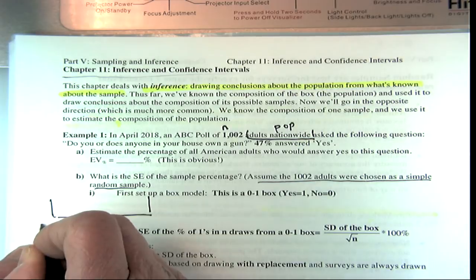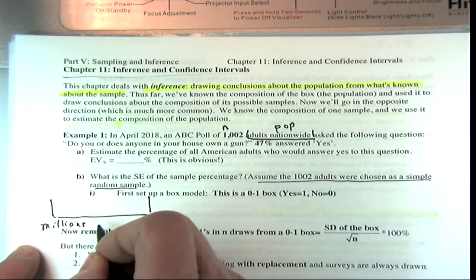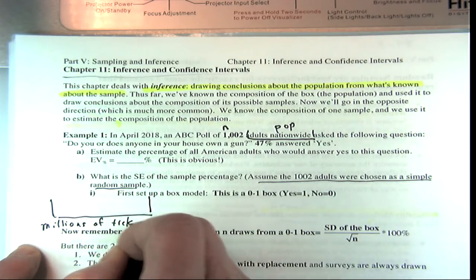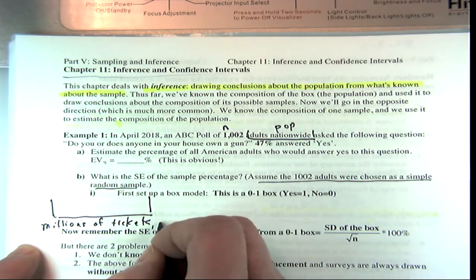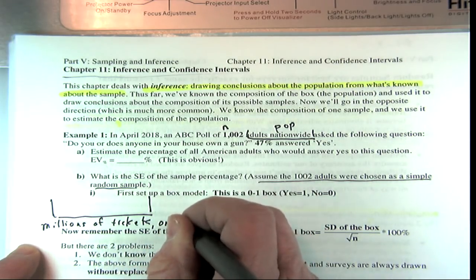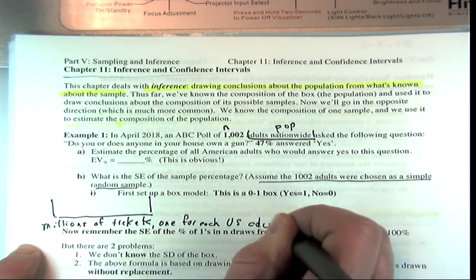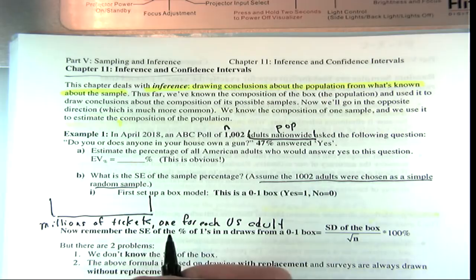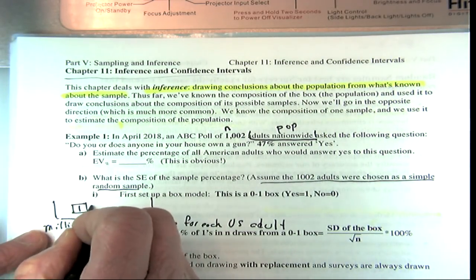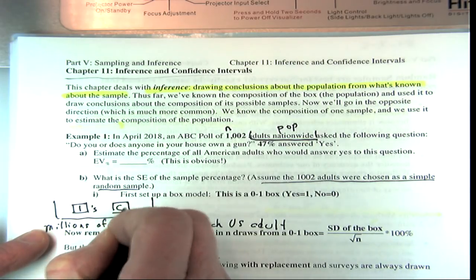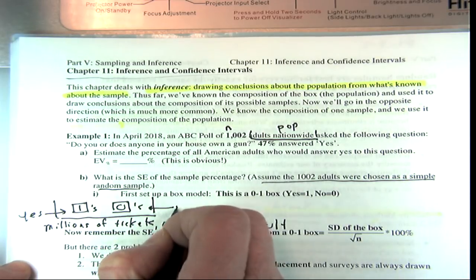There'd be millions of tickets in here, one for every U.S. adult. Now, it's a yes/no question, right? So we're going to represent the yeses as ones and the no's as zeros. So these are the yeses, and these are the no's.